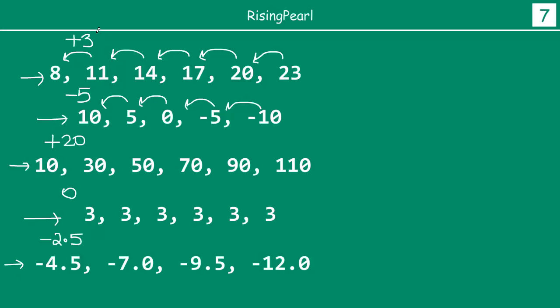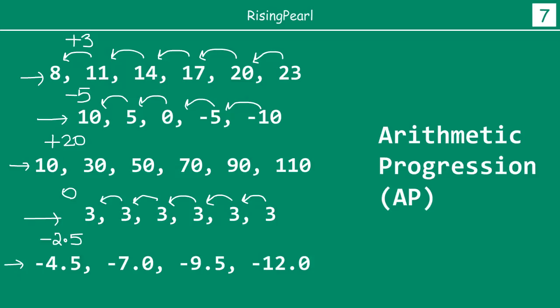It does not matter whether the common difference is a positive number, a negative number, or even 0, as long as it is the same throughout the series. That is what is very important. And each of these sets or collections of numbers, we call an arithmetic progression, or AP for short.